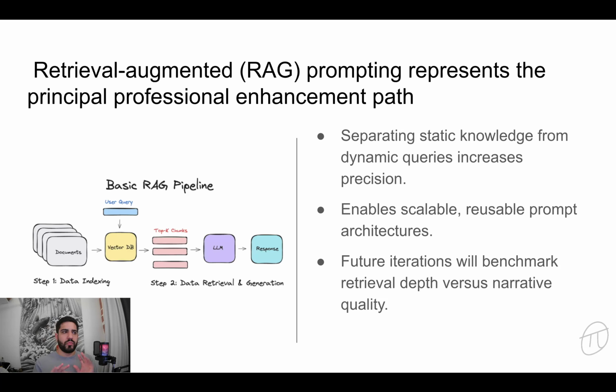Then you write up your user query, or in this case, your prompt on what the chapter should be. And it takes the top K chunks. What that means is it looks through all those documents and says, okay, the user's query, or this prompt for this chapter, the numbers are in this little segment of space. The closest documents to matching that, the ones with the smallest distance, are ranked in this order.